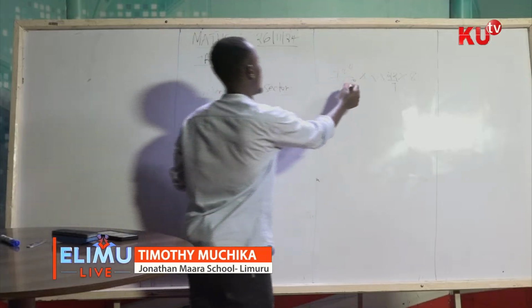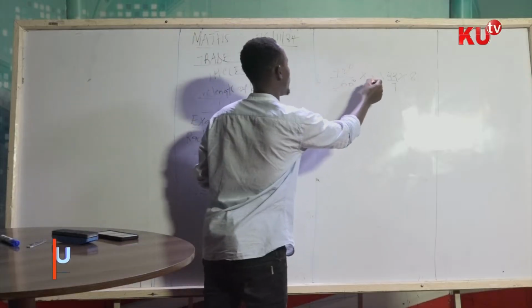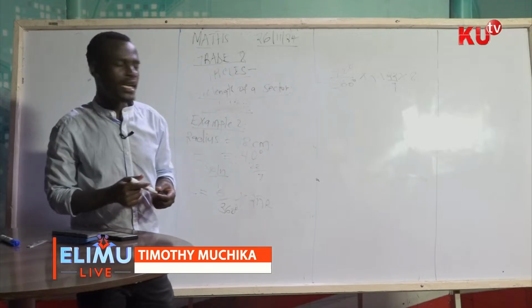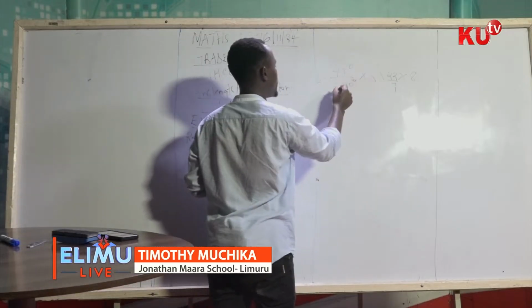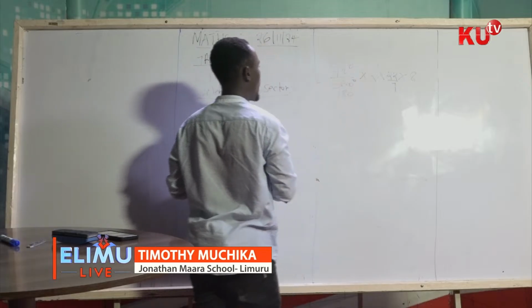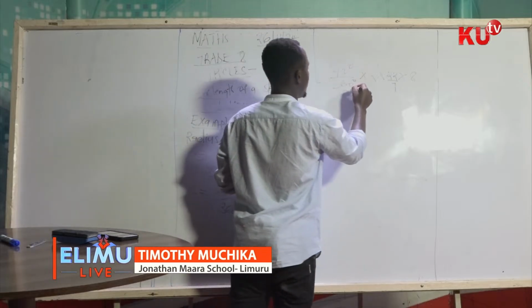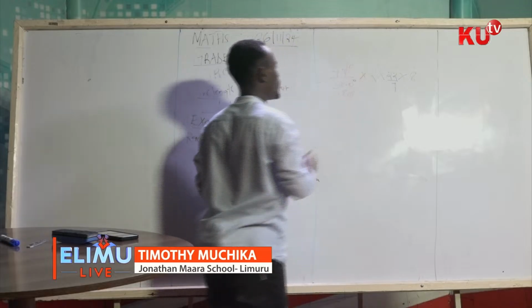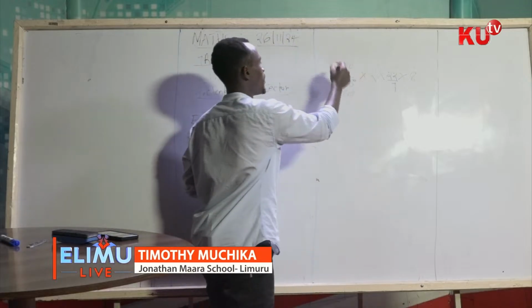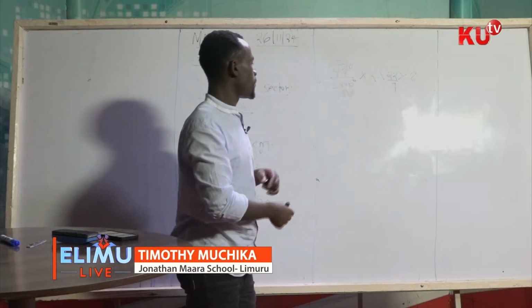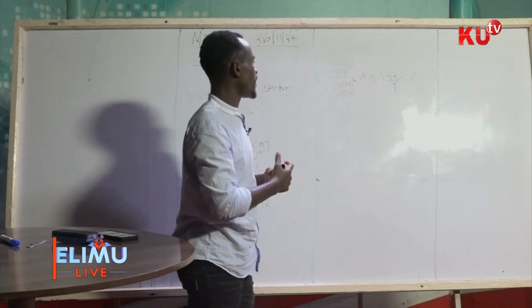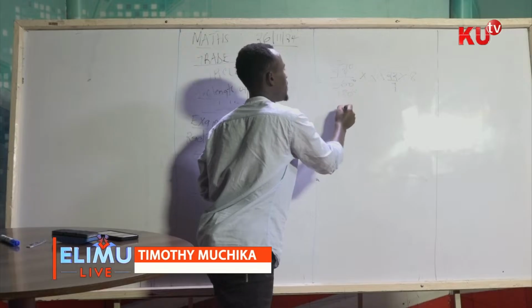This one is a 0, this one is a 2, so it can be divisible by 2. 2 into 360, 180. So 0 cancels 0. 2 here, 2 here, 2 into 18, how many times? 9 times.